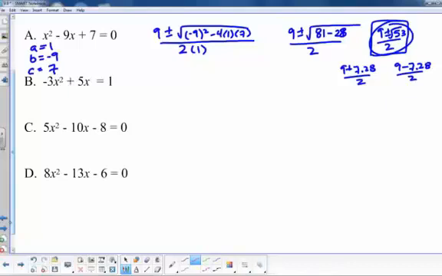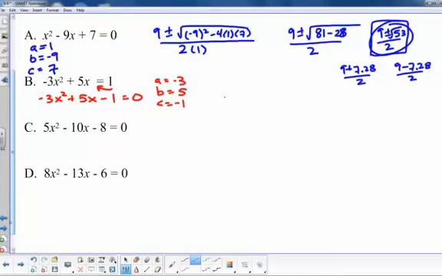All right, letter B. I really like positive x squareds. I'll just move the 1, but you could also move everything over to the other side. Doesn't matter which way. You'll get the exact same answer for the x-intercepts. So a is negative 3, b is 5, and c is negative 1.